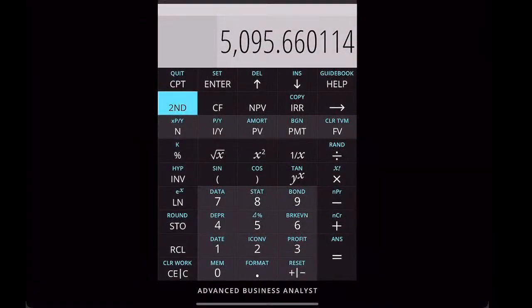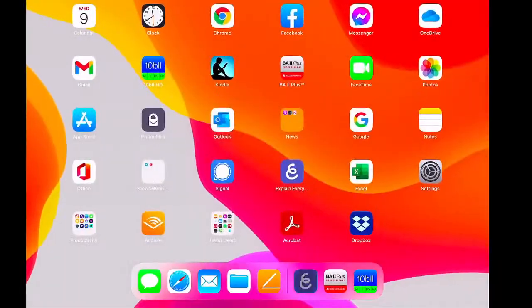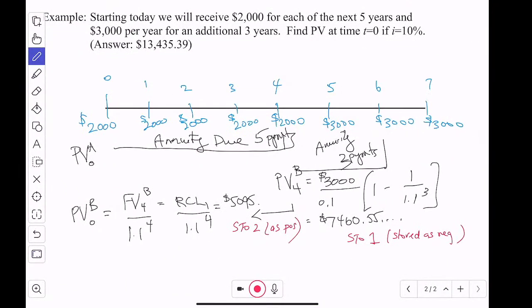Just again, 509,566. And you do not round intermediate calculations. That's why we're using the storage. Don't round those decimals. Okay, so we have that in store 2.